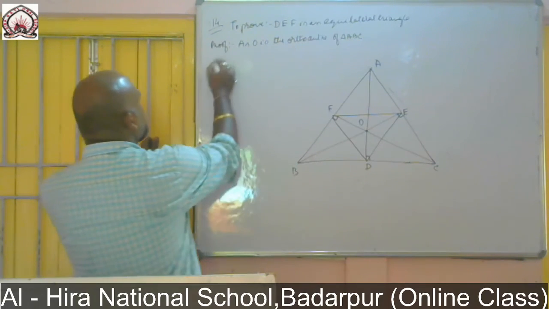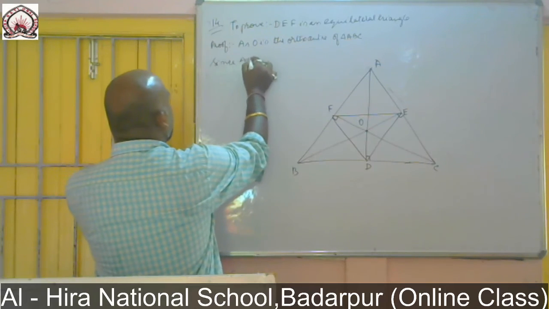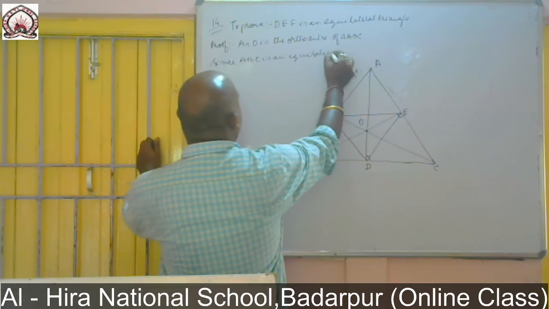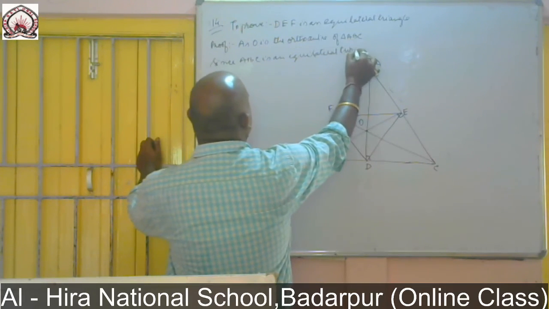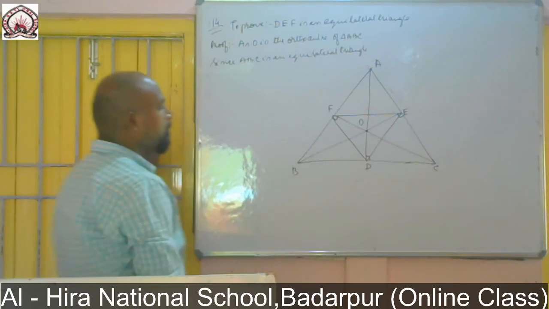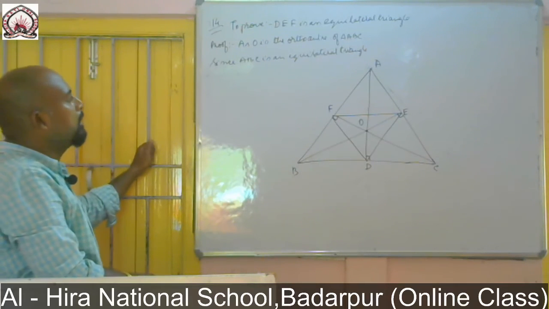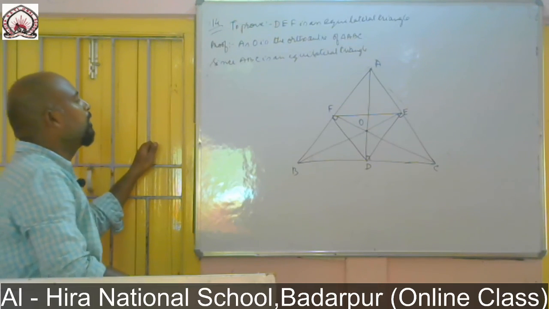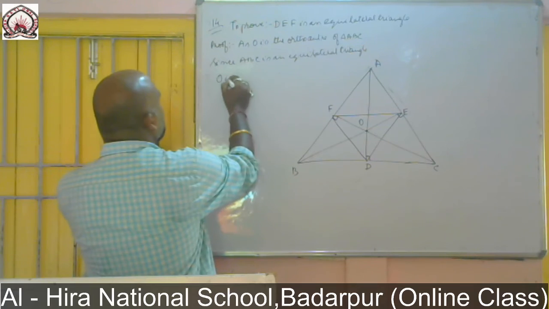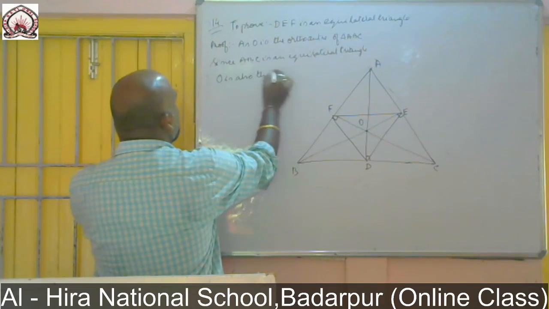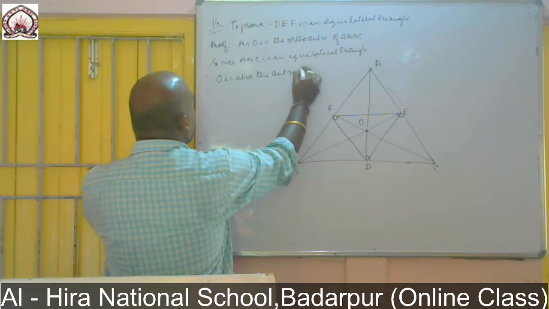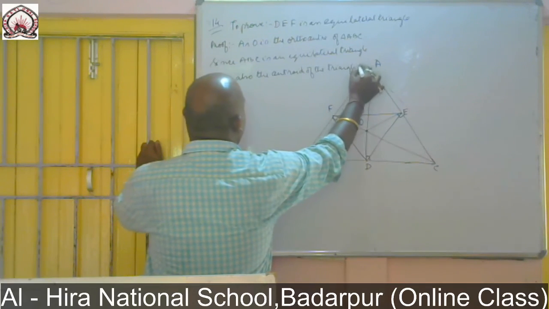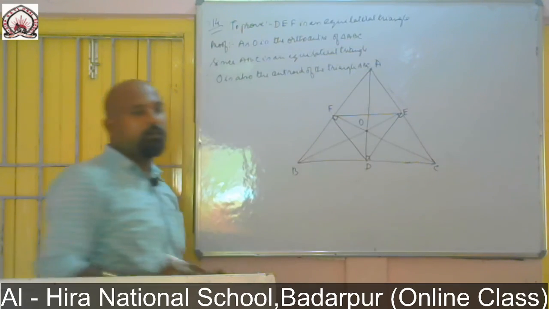Now since ABC is an equilateral triangle, O is also the centroid of the triangle ABC.